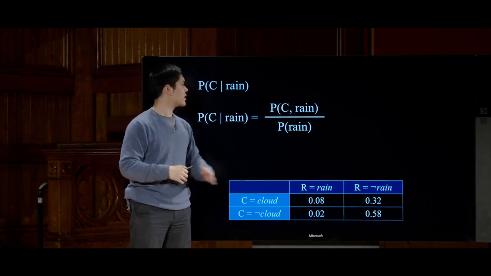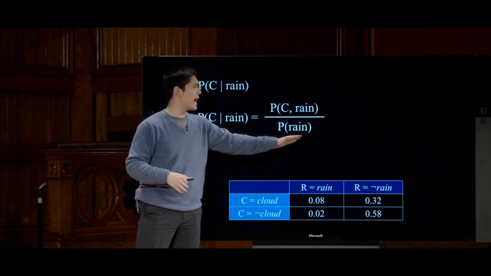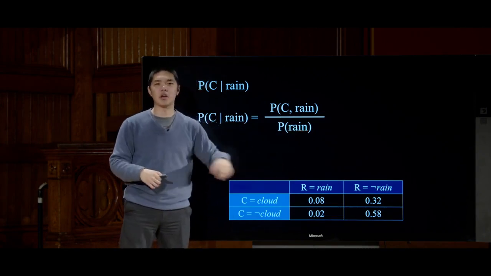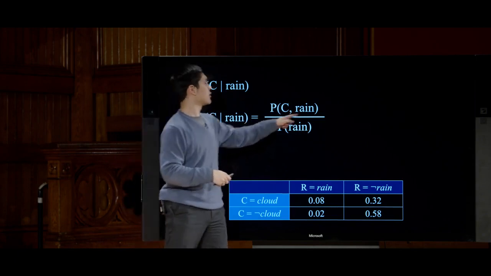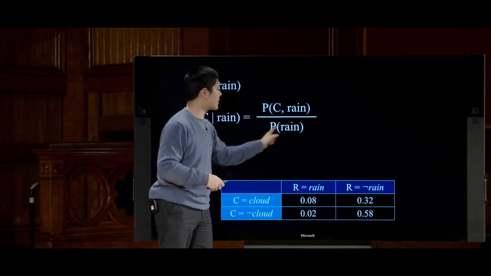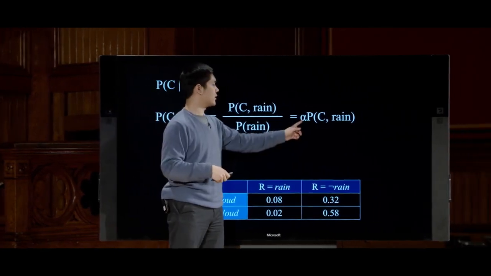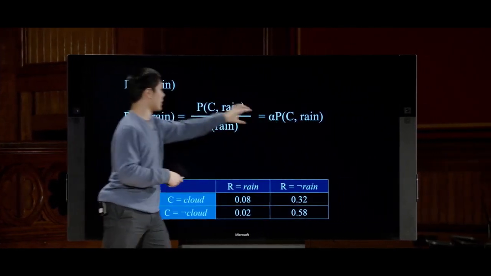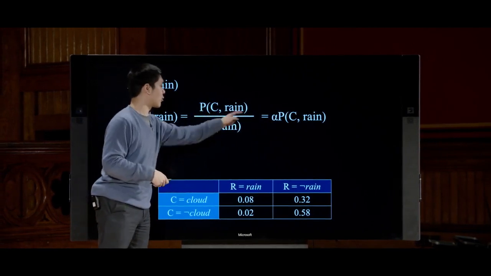It turns out that oftentimes we can just not worry about the exact value of this, and just know that it is a constant value. We'll see why in a moment. So instead of expressing this as the joint probability divided by the probability of rain, sometimes we'll just represent it as alpha times the numerator, the probability distribution of C and the fact that it is raining.